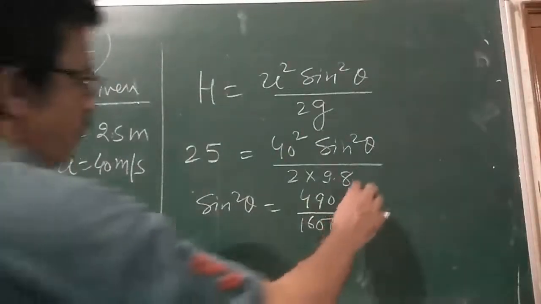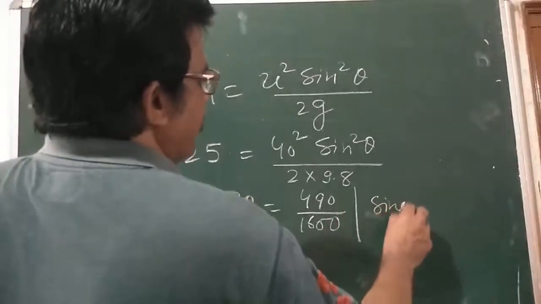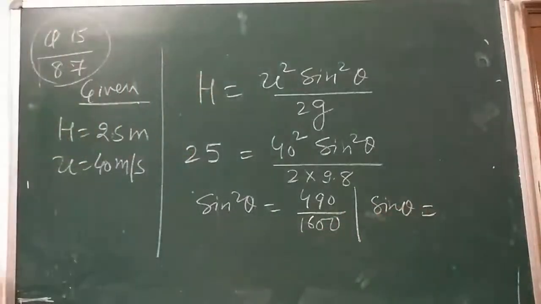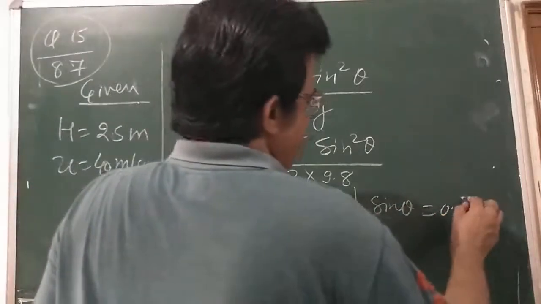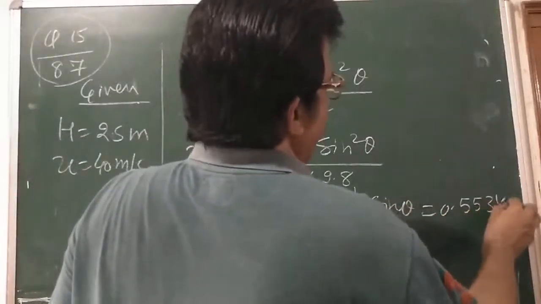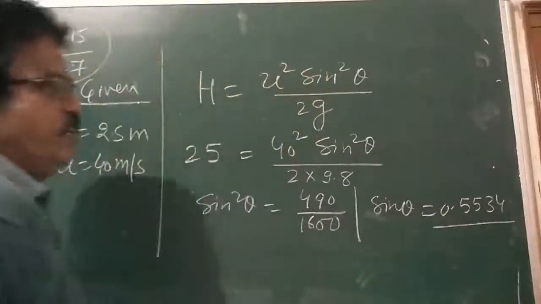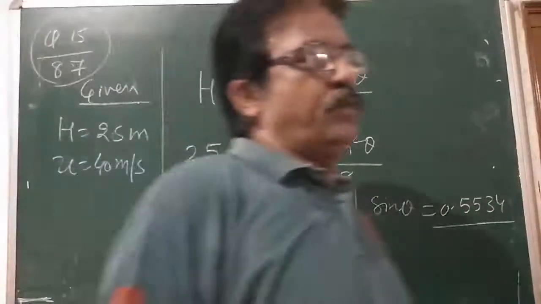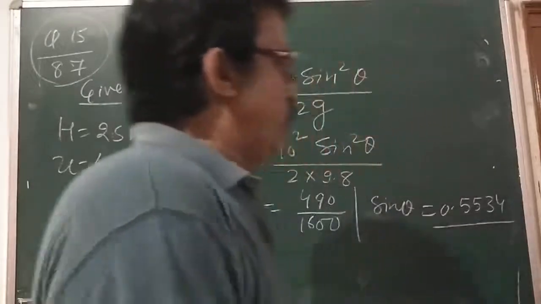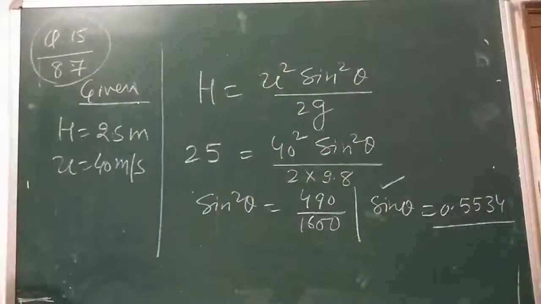So once you solve it and take the square root, sin theta you will get 0.5534. Earlier we have seen the tangent table. Similarly, you use the sine table and find out the value here.